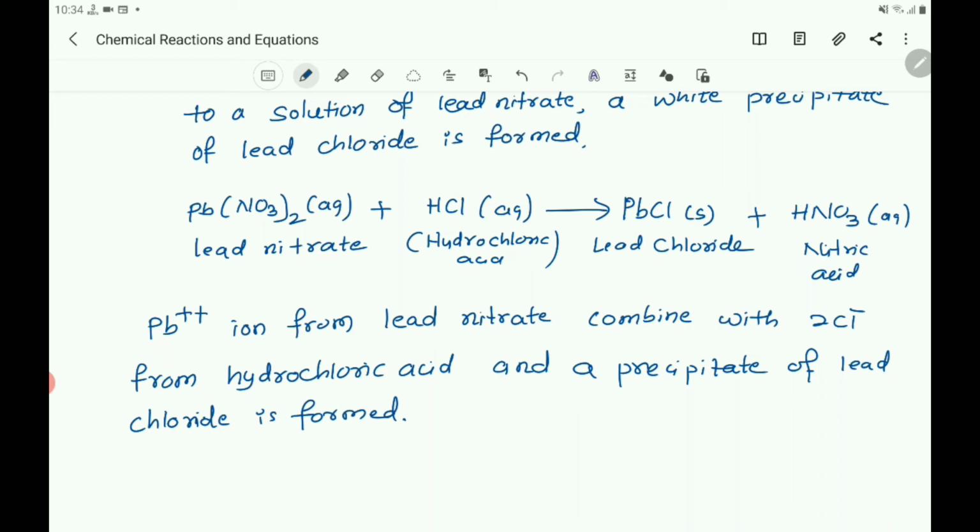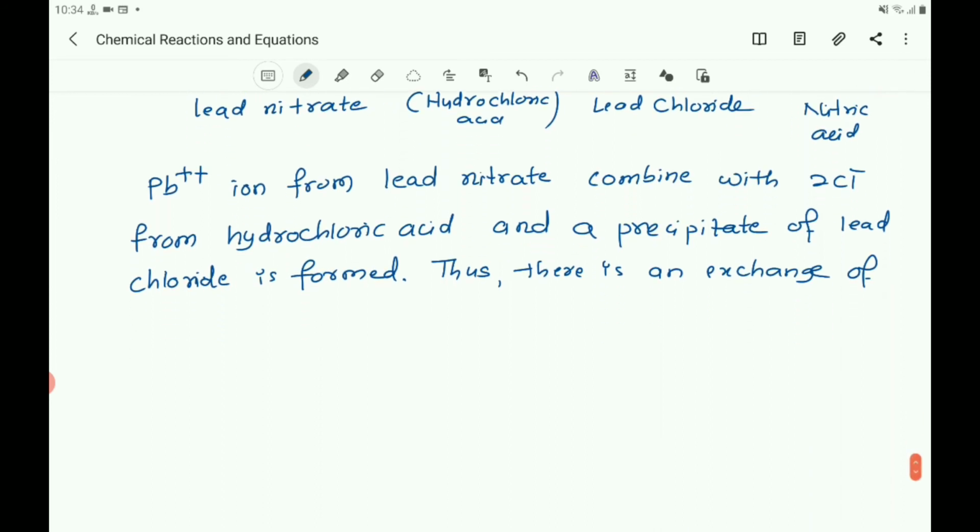Thus, there is an exchange of ions between the two reactants.